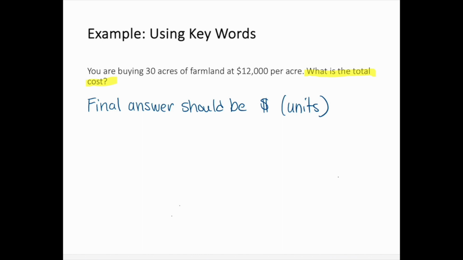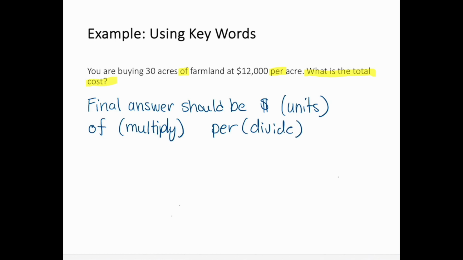Now, some keywords that I see in the question, the word of and the word per. In mathematics, the word of means to multiply. And per means to divide.